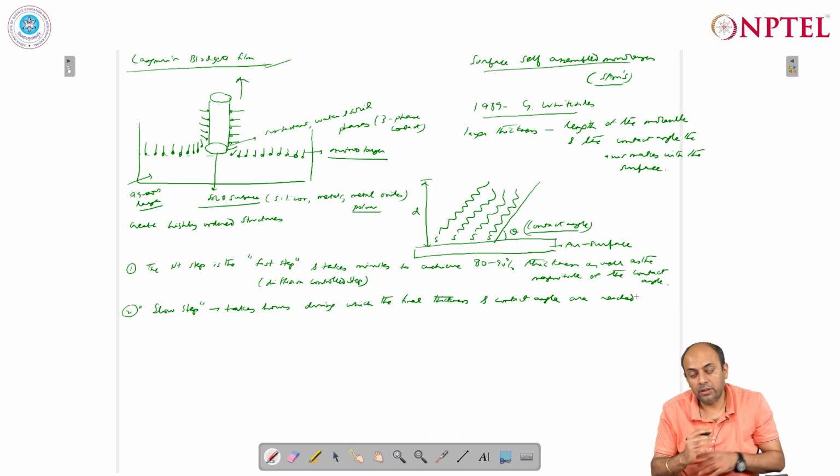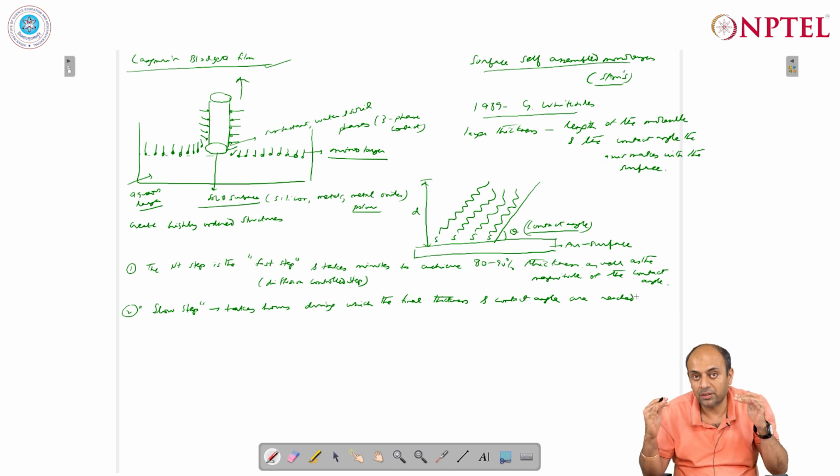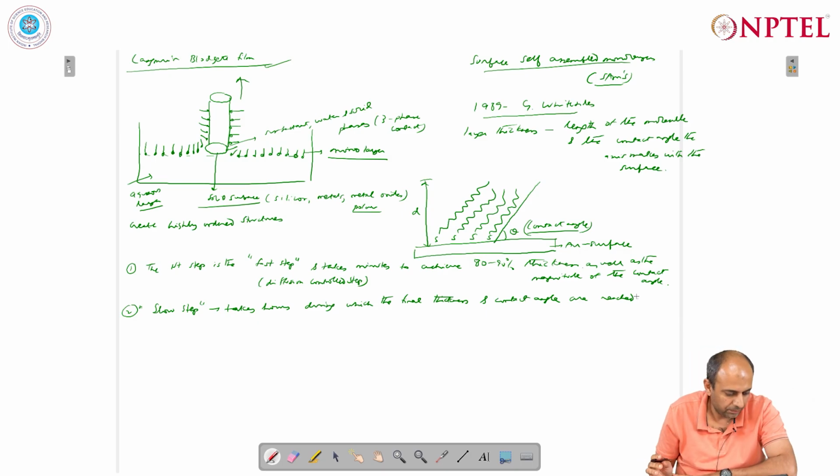That is, it is only after a period of at least 24 to 48 hours, 1 to 2 days, that this process is complete, when the final, converged value of the thickness and the contact angle will be reached, such that this involves the process of ordering and packing of the hydrophobic chain into a clean self assembled monolayer on the surface.